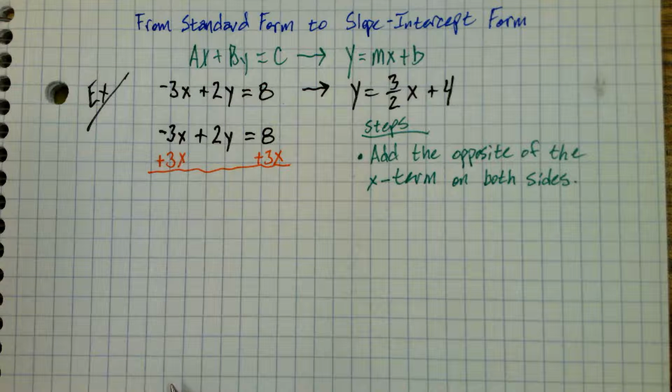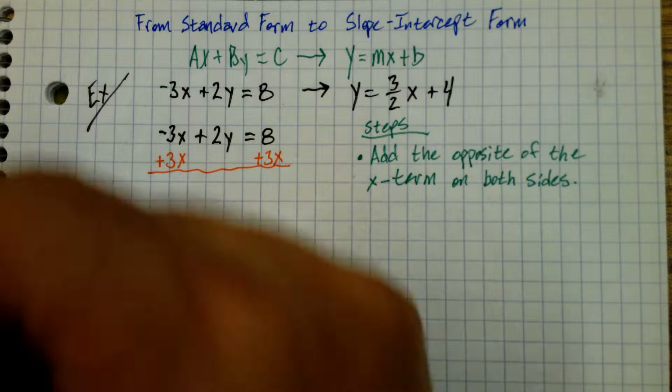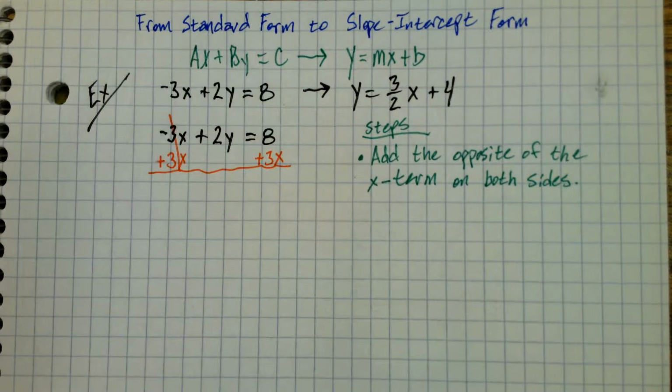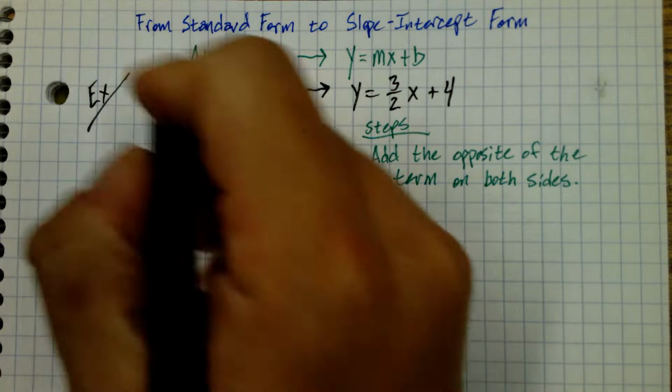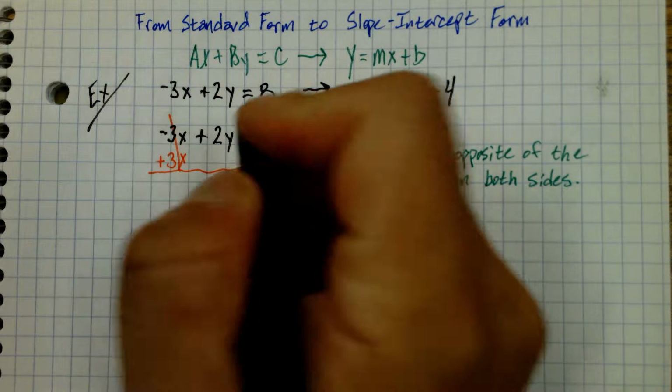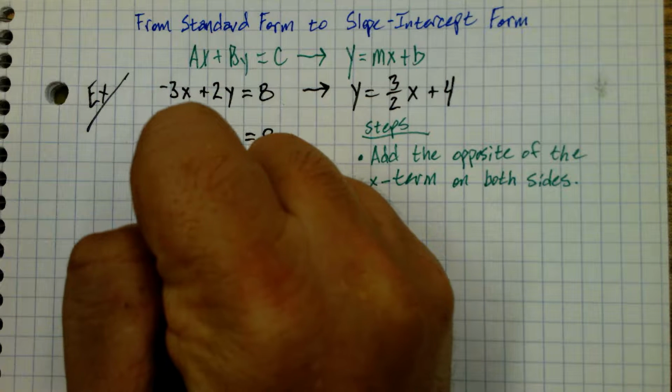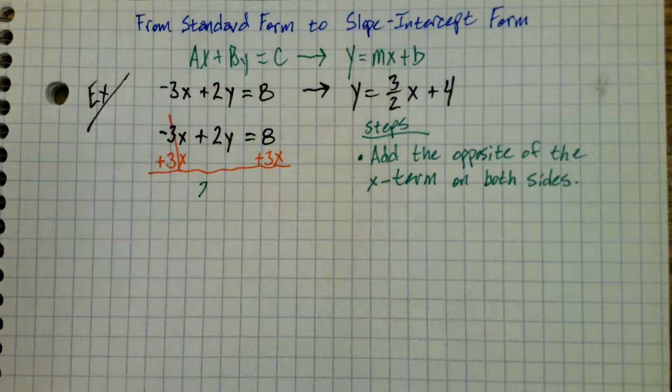They cancel out. They make a 0. And usually we don't write the 0. We just say they're gone. Okay, let's bring down what's left. 2y.